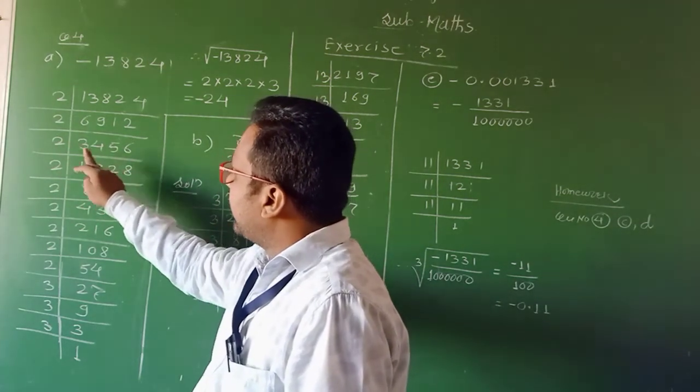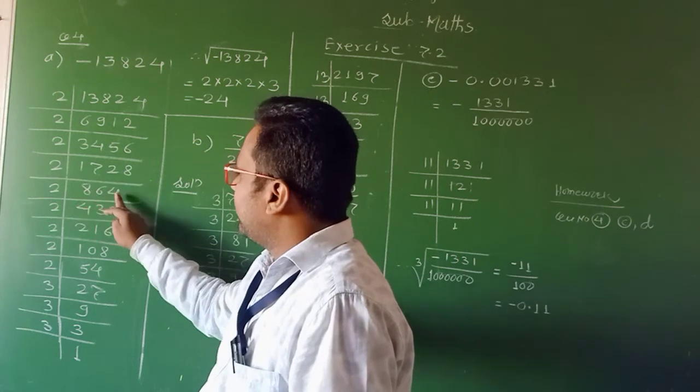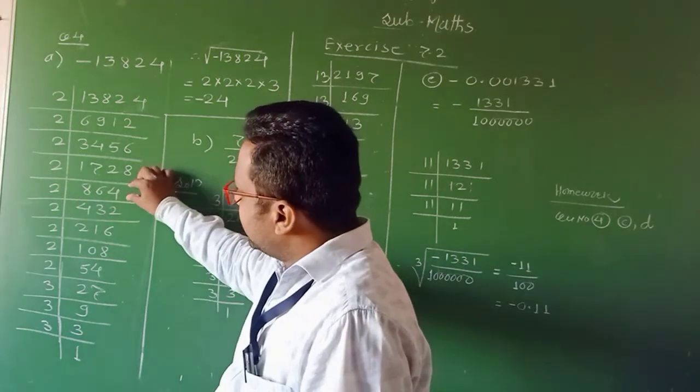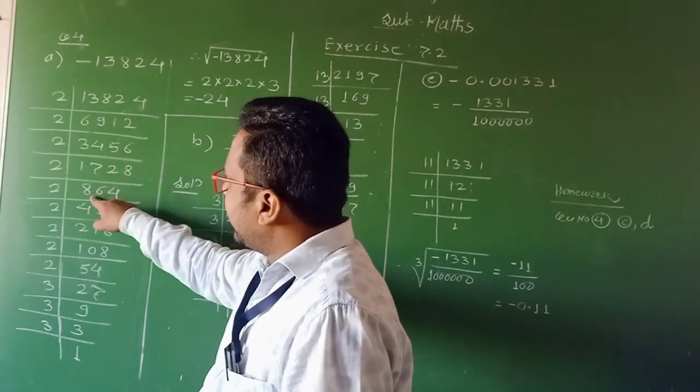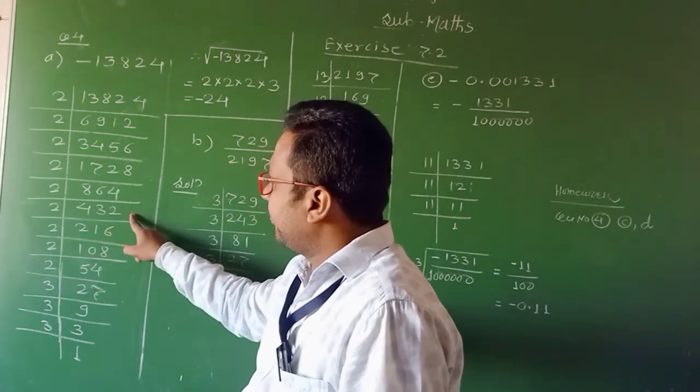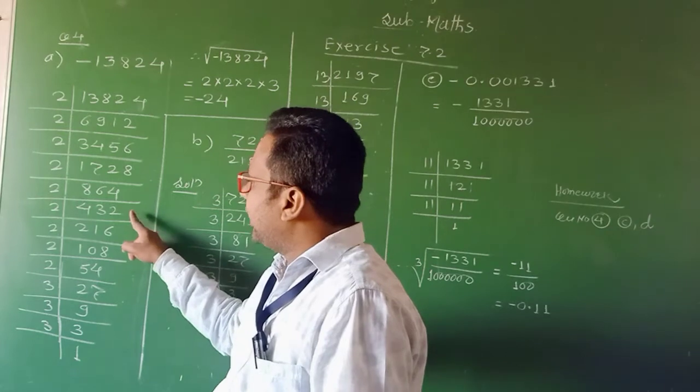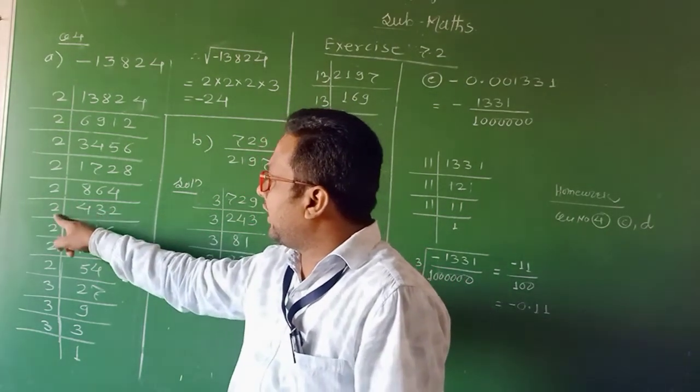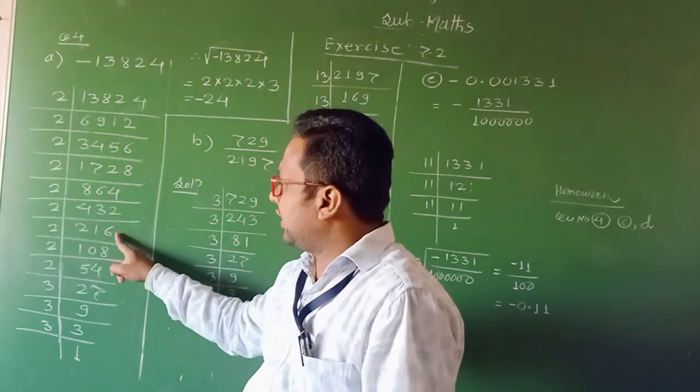Again divided by 2, we get 864. 864 divided by 2 gives 432. This is also divisible by 2, and after division we get 216.